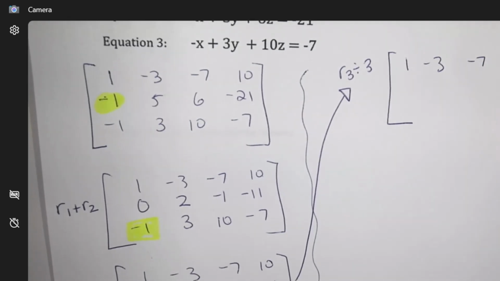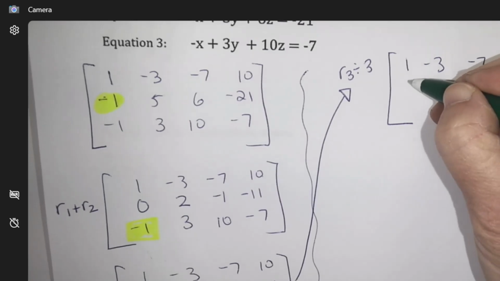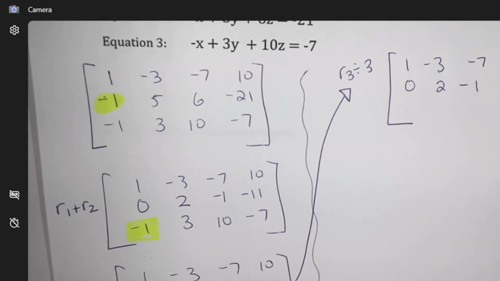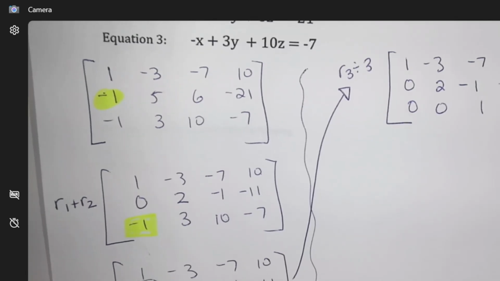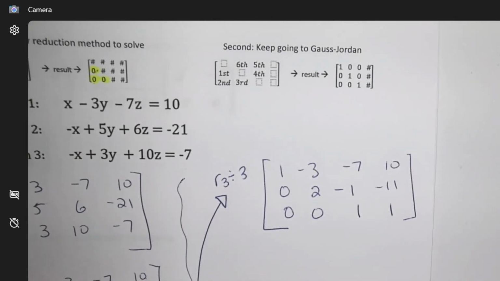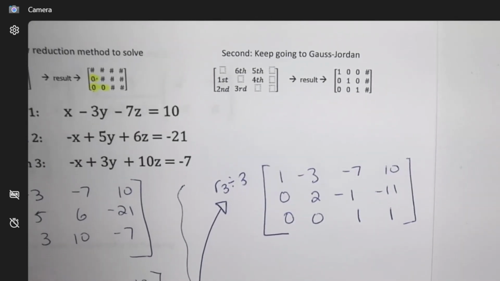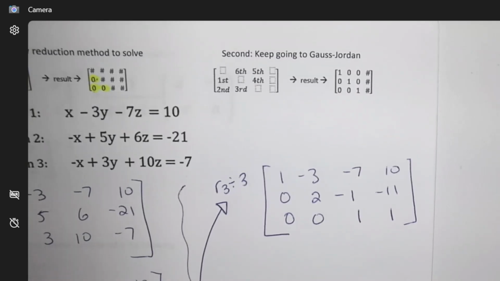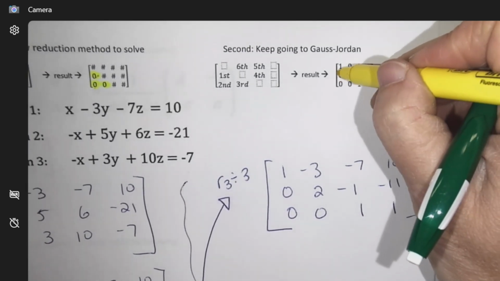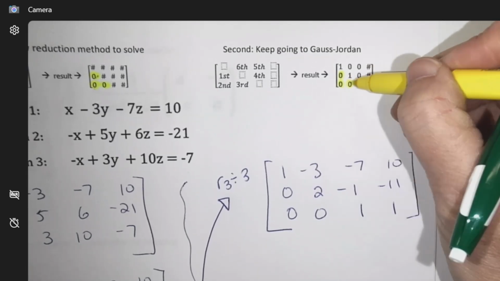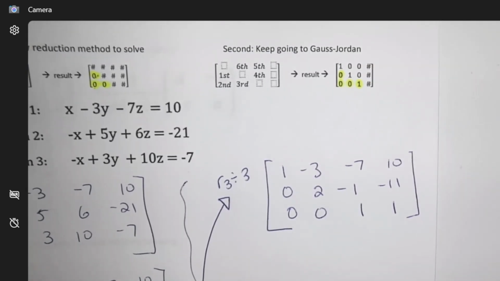Because you want it one. I want to 1 it out. Okay, so if I follow the pattern, we have our 0, we have our 0, we have our 0, we have our 1. We're done all those ones.